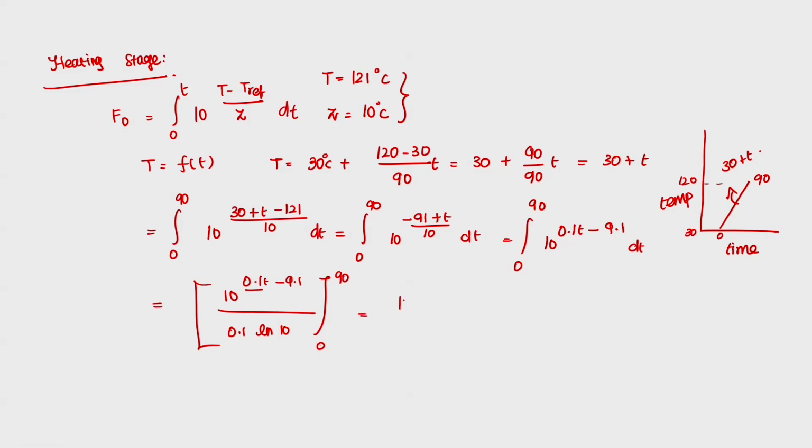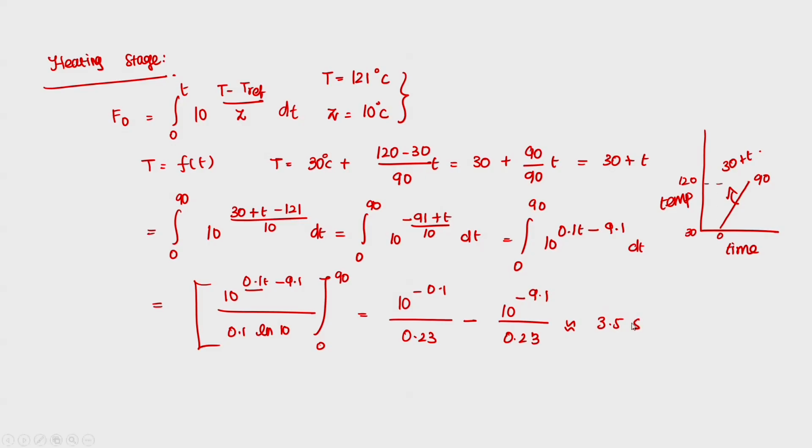At 90, this becomes 9 minus 9.1, so 10 to the power of minus 0.1 divided by 0.23, minus, when you substitute 0, 10 to the power of minus 9.1 divided by 0.23. So this comes to approximately 3.5 seconds.